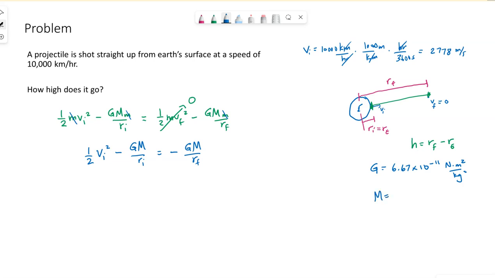So the mass of the Earth, I would pull off the table in the test notes. Our R initial is the radius of the Earth, which I can pull off the test notes as well. And so my only unknown in here is R final.